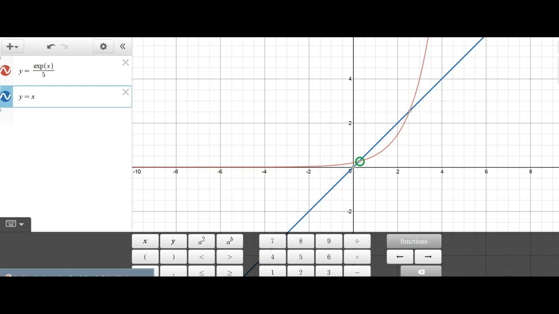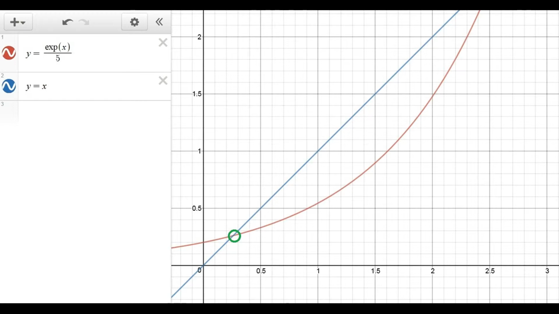The root is highlighted in green by a green circle. And if we look at the second screenshot, here's our green circle. So here's where the root is, the point of intersection of y is equal to x and y is equal to e to the x divided by 5, and our root from this graph lies between 0 and 0.5, but the value that we had is 1, so it's closer to where the root is actually lying, so we're given this value of 1.